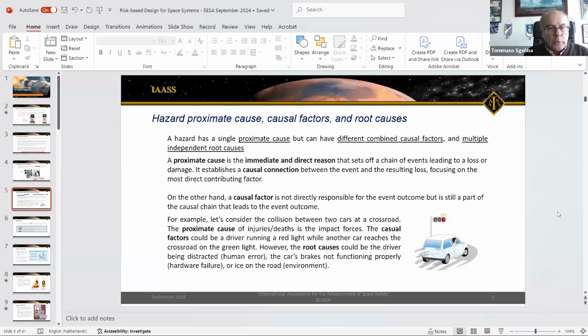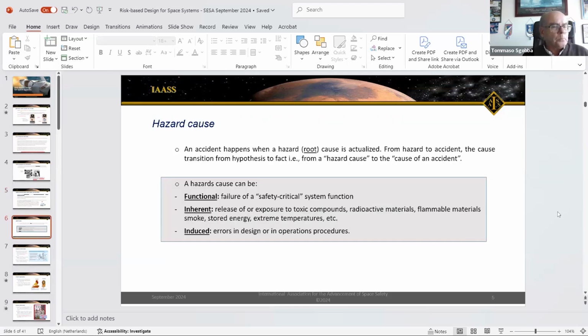So we have to keep in mind that in performing a hazard analysis, we are aiming to remove root causes. However, in the description of the hazard, usually we describe the proximate cause of the hazard. Behind a hazard, there is always some sort of failure or fault.